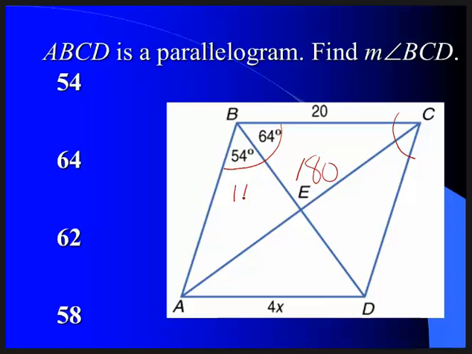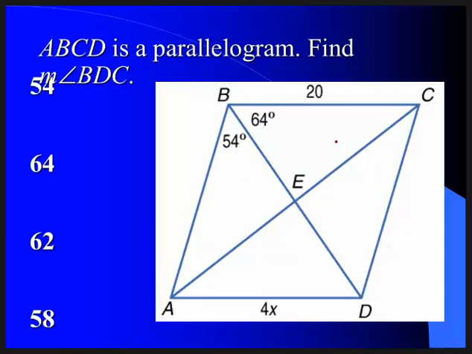I have 118. So what does this part have to be? It has to be 62, which is answer choice C. Okay, so you have to ask yourself, what is the relationship? Ask yourself, and then you should know the answer in order to solve these problems.